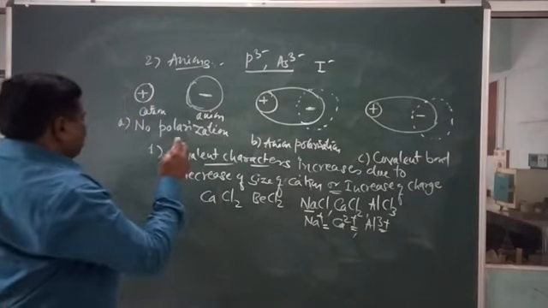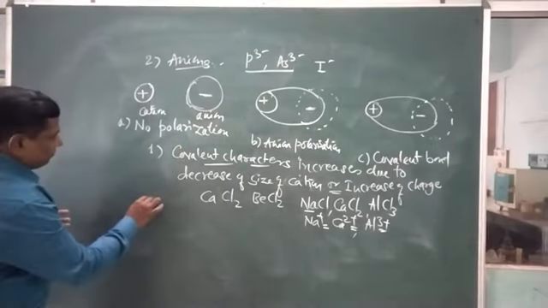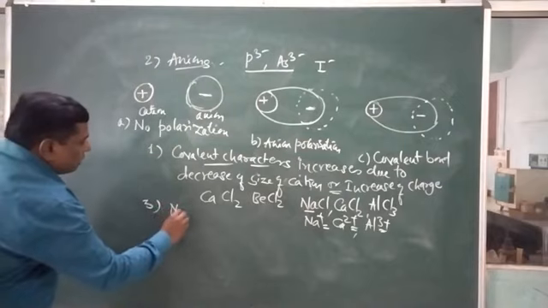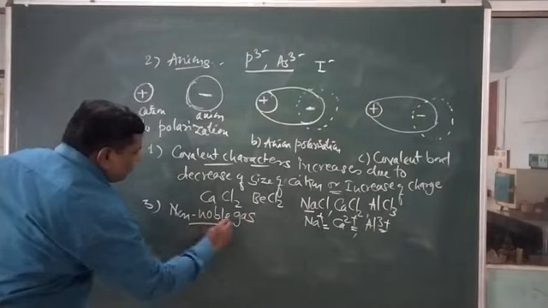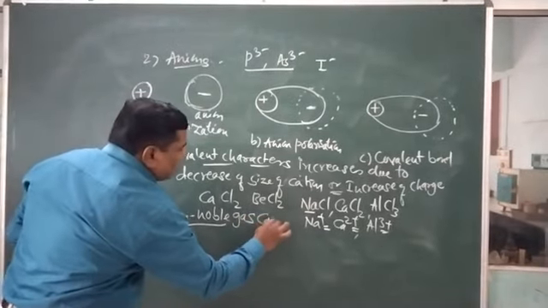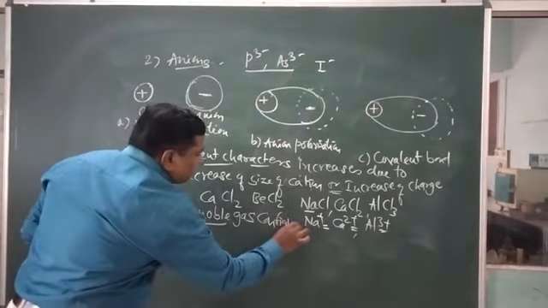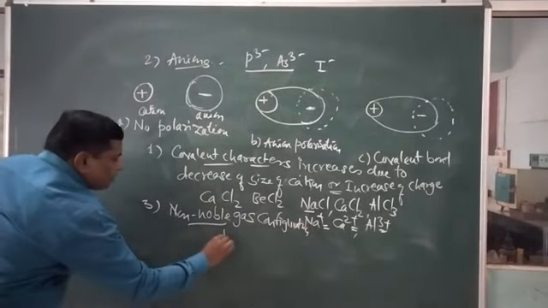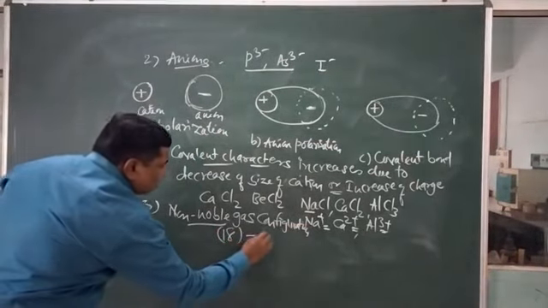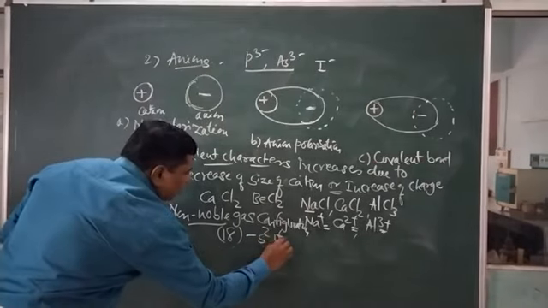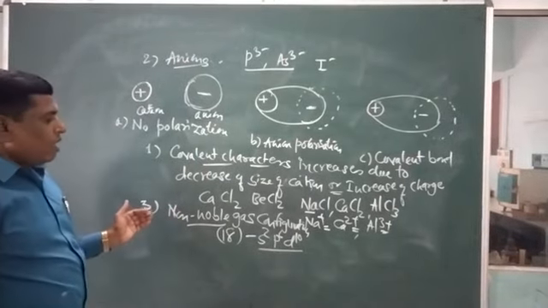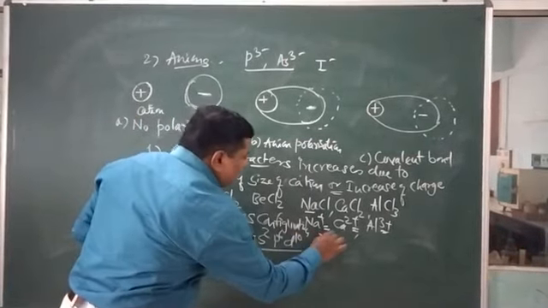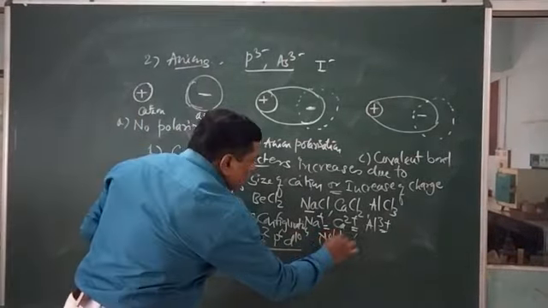In non-noble gas configurations, generally 18 electrons are present: s2, p6, d10 electrons are taken as 18 electrons. And for noble gas configurations, noble means 8 electrons, s2 p6.